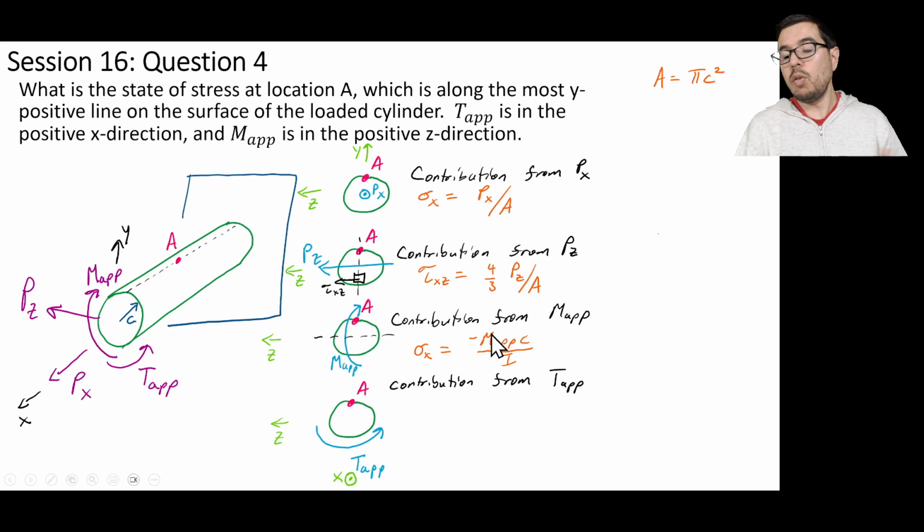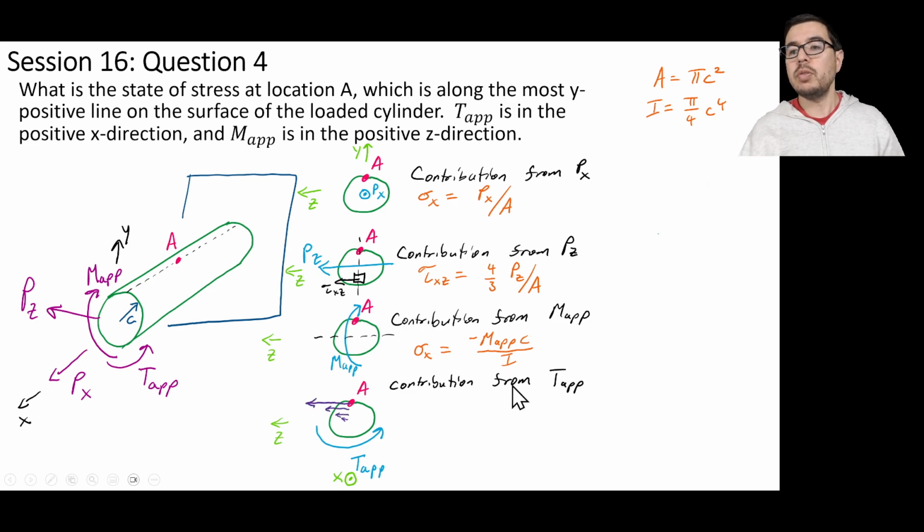Or we look at it as just, okay, I need an M_app times a distance from the neutral axis divided by I, and it's got to be negative because, like I said, the deformation is going to be like this. The I is going to be pi over 4 c to the fourth.